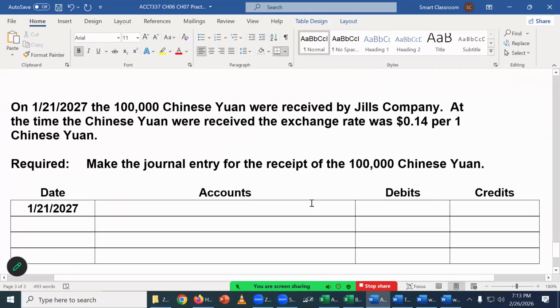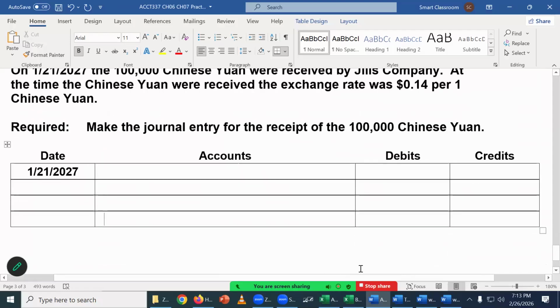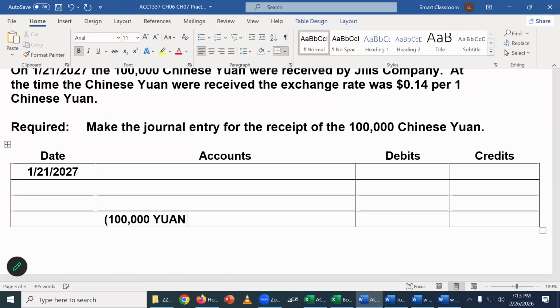Okay, 1/21. The Chinese yuan received by Jill's company at the received exchange rate was 14 cents per yuan. Okay, so how much do we get here? 100,000 times 0.14.